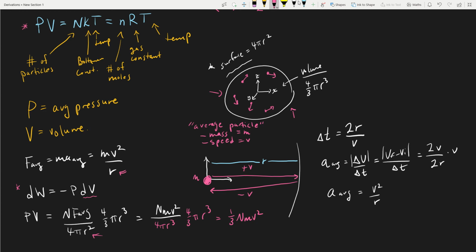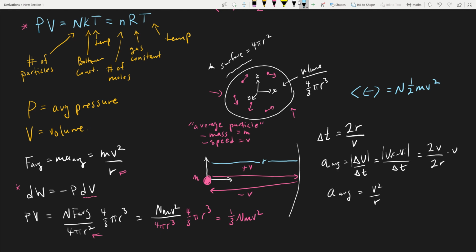Okay, we're getting pretty close. Recall that the average energy in a Newtonian system is simply going to be, well, it's half m v squared, but there's N of them, so it's N times half m v squared. So what you can probably see is that this here is a multiple of that energy.